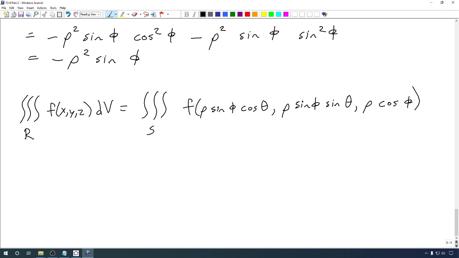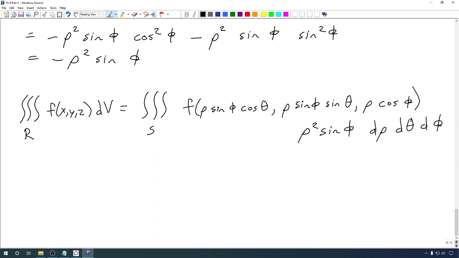So rho squared sine phi is positive, so we get rid of the minus sign. So this times rho squared sine phi, that's the absolute value of our Jacobian. Then we have d rho, d theta, d phi.